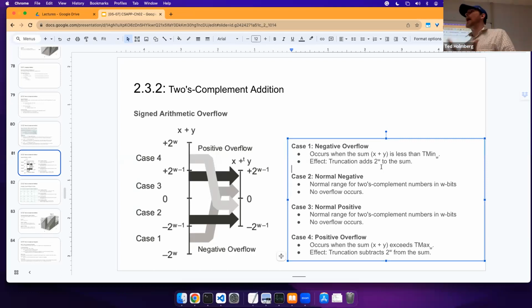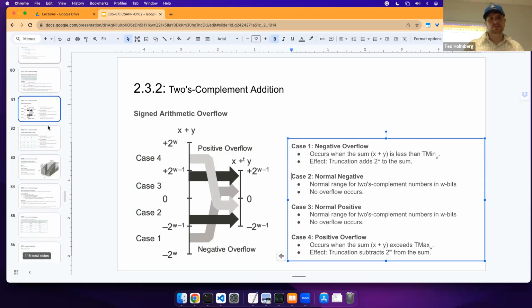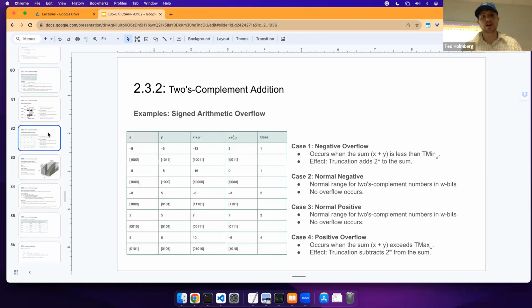And of course, if it was a 4-bit word, I'm either adding or subtracting 16 because I'm adding or subtracting the most significant bit, which is going to force the value to fall within the range that I want it to. Okay, so let's take a look at what that actually looks like as some examples.